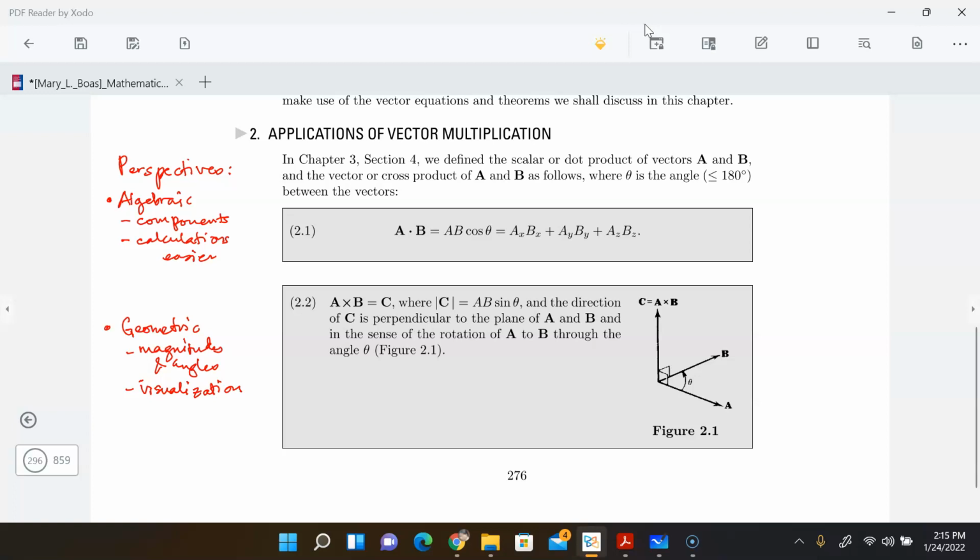So let's look at this particular product of vectors. This is the scalar product, or the dot product. The ones that you have mostly used for your calculations are this, and this is essentially algebraic. And this is what I call geometric.